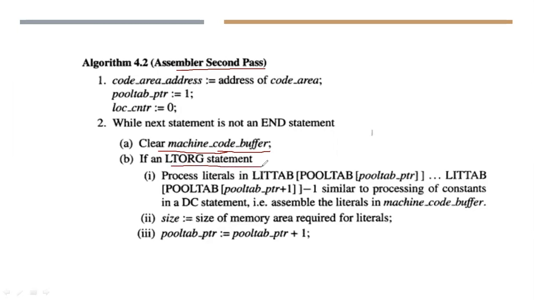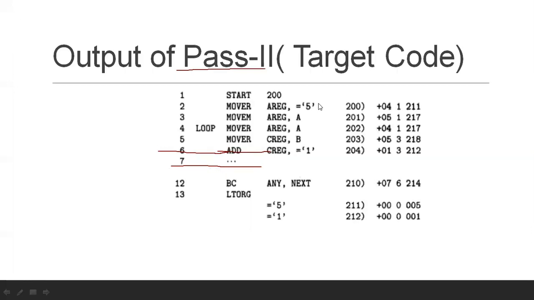As we have discussed, whenever LTORG statement is encountered, the assembler is going to give memory to the literals. Now that we have seen this in case of IC, how this will be done in case of pass 2, that we'll see.